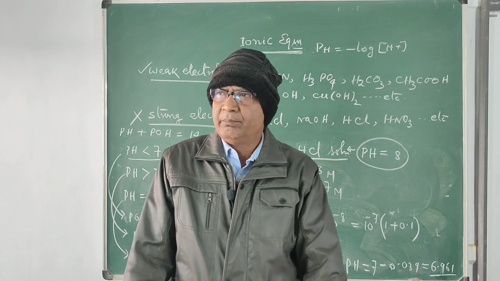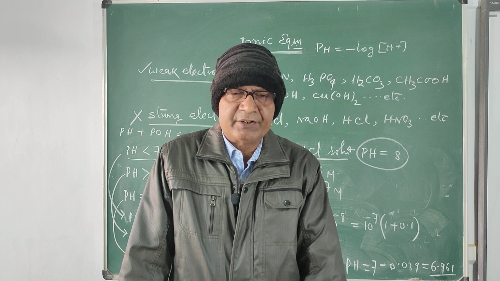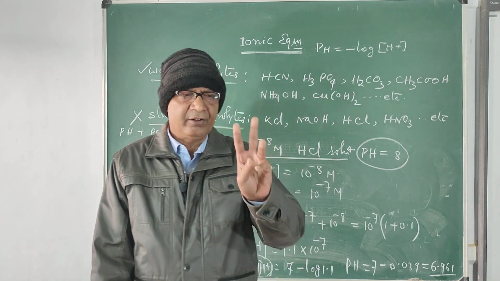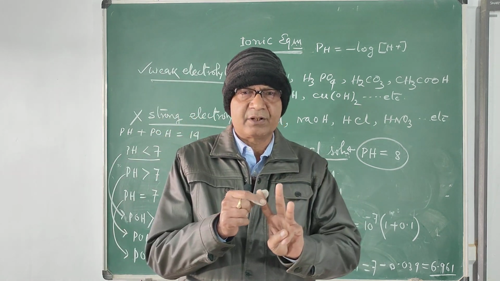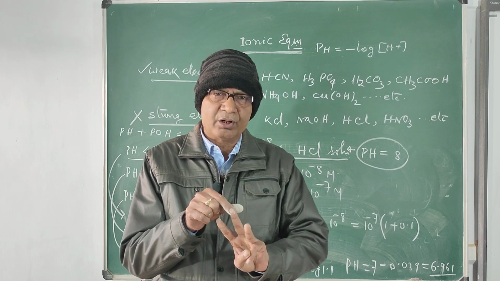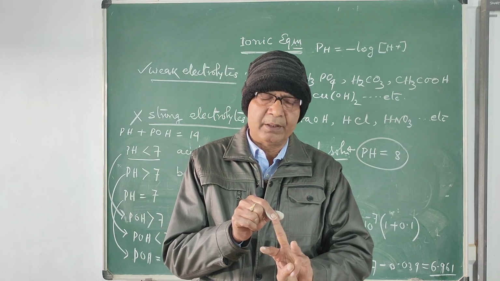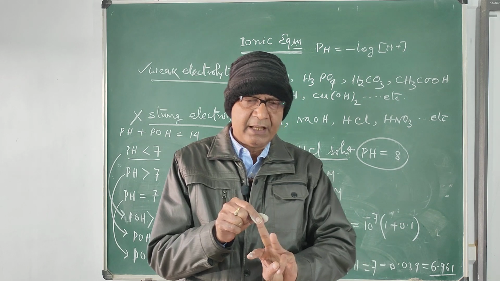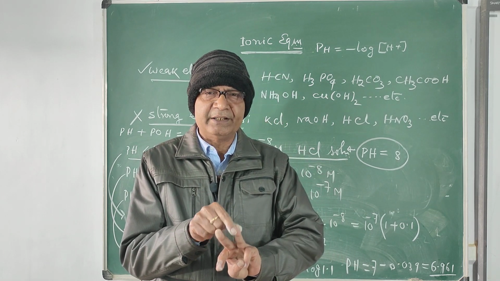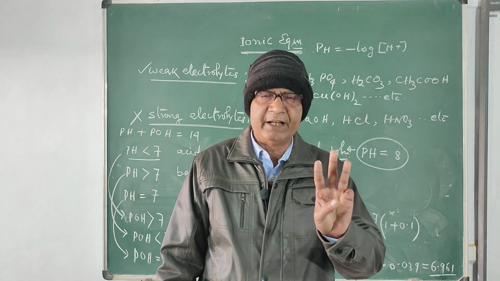Now we have the concept of acid and base. Three concepts are there: the Arrhenius concept of acid and base, the Bronsted and Lowry concept of acid and base, and the third one is the Lewis concept of acid and base.